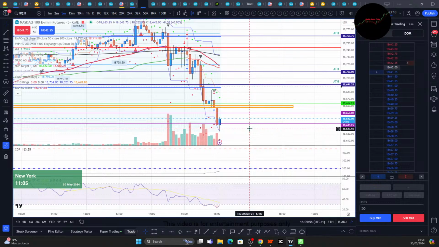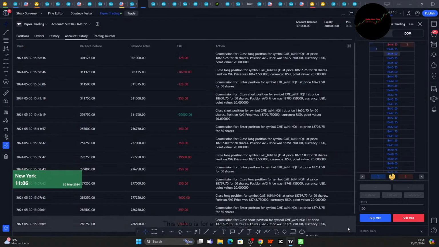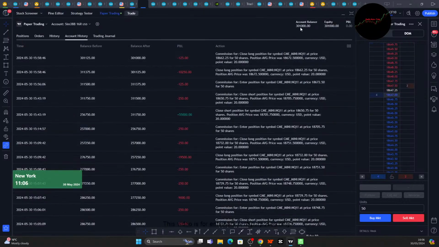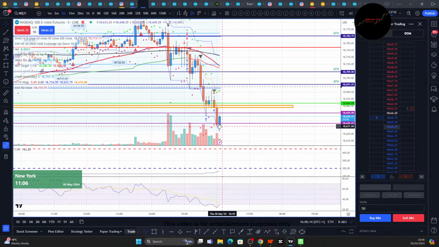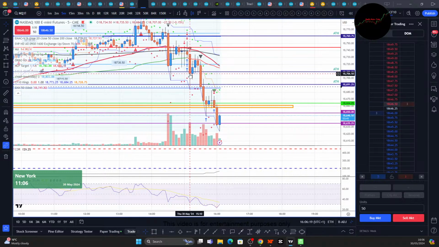Current daily range, 163.25 points. I'm actually positive on the day by 1 point. So where was the short, was over here, wasn't it? Yeah. 706 down to 731.